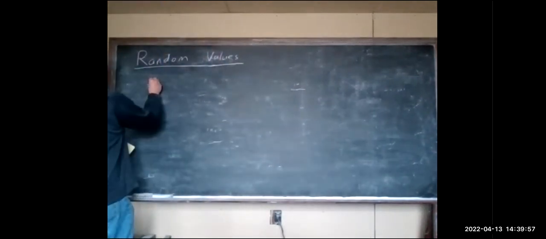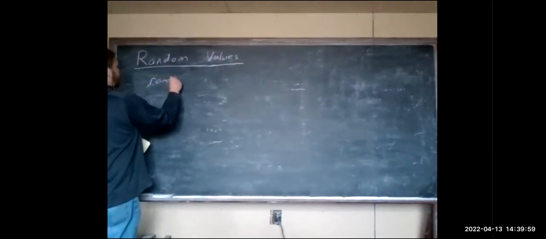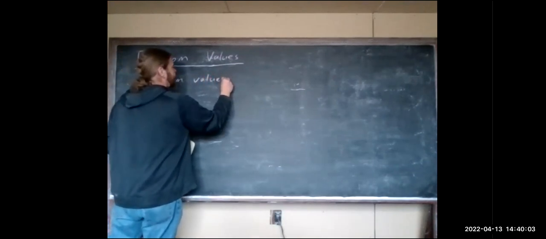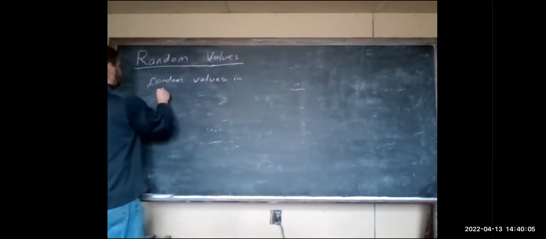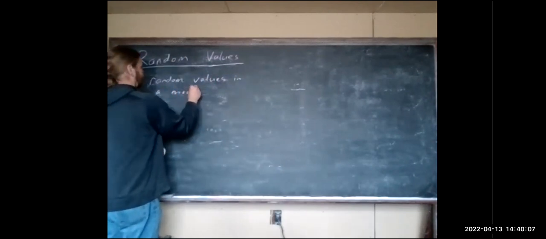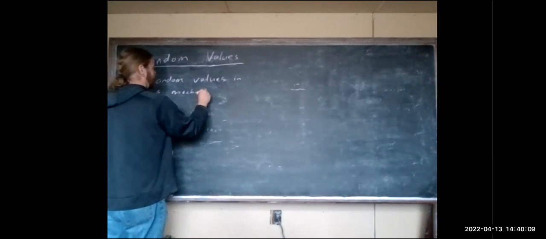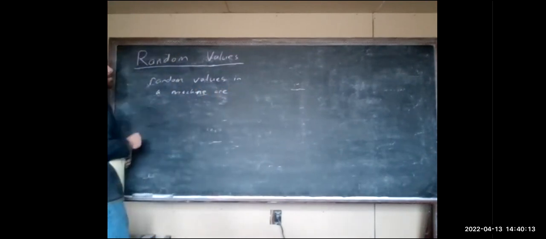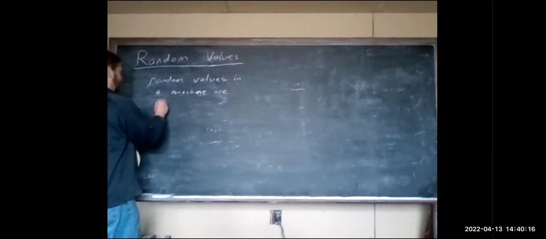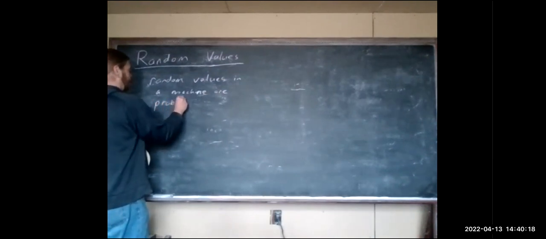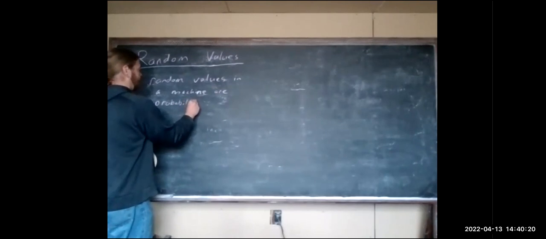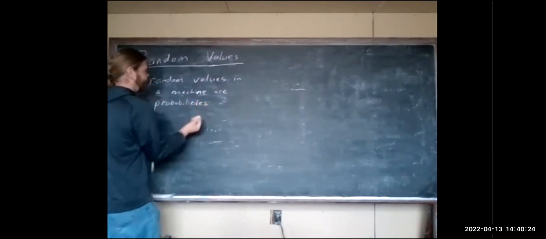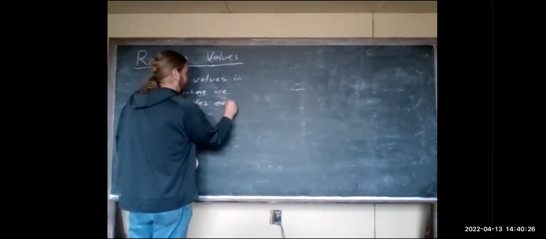So random values in a machine are probabilities minus the certainty. Probabilities except for certainty.